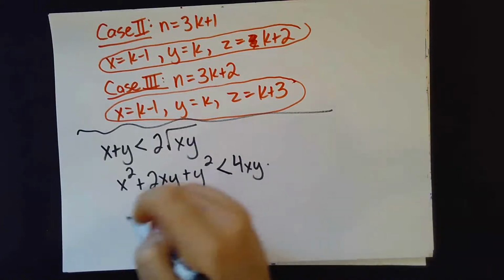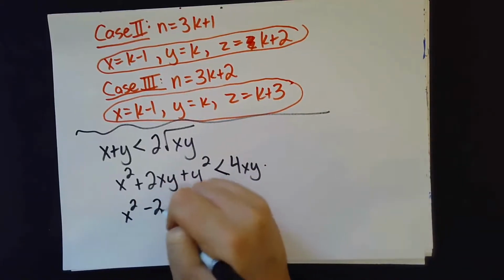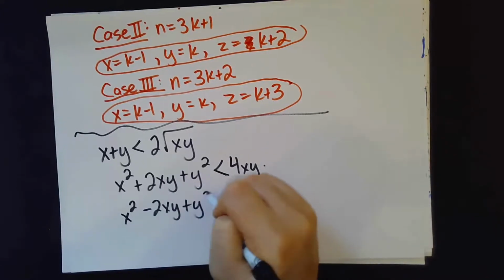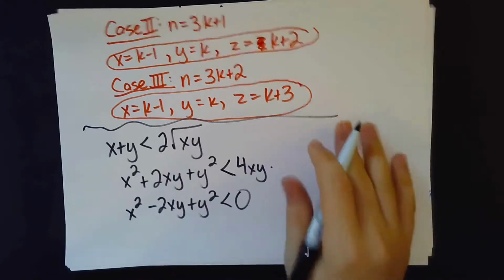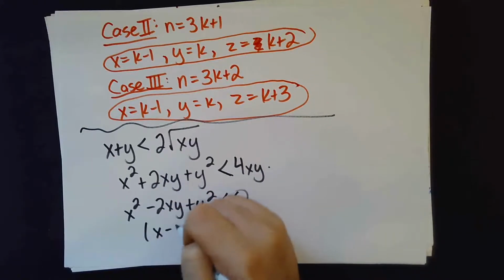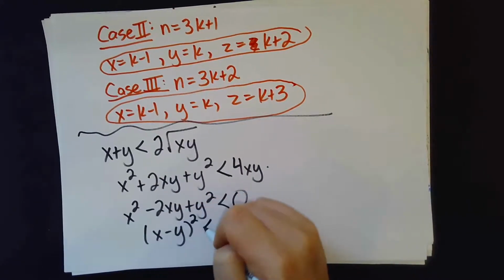And so then I will get x squared minus 2xy plus y squared is less than 0. So then that will be (x minus y) squared is less than 0.